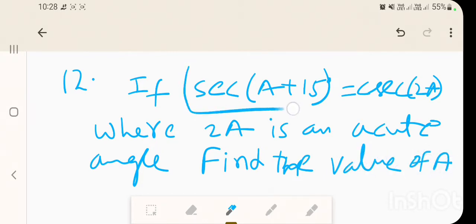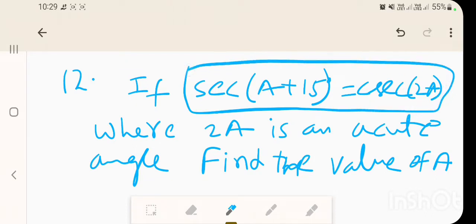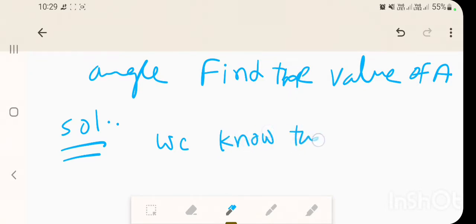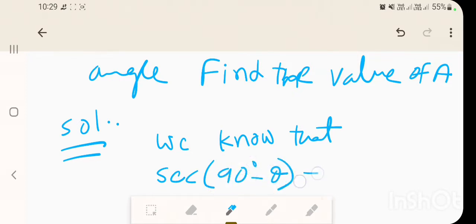So the question they have asked is, secant a plus 15 is equal to cosecant 2a. We know the formula that secant 90 minus theta is nothing but cosecant theta.